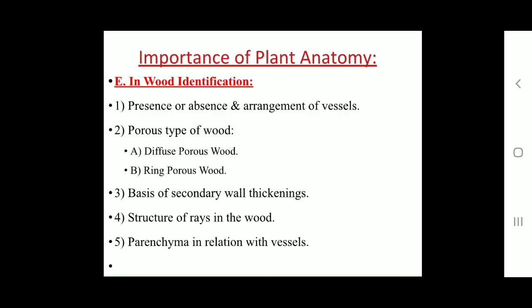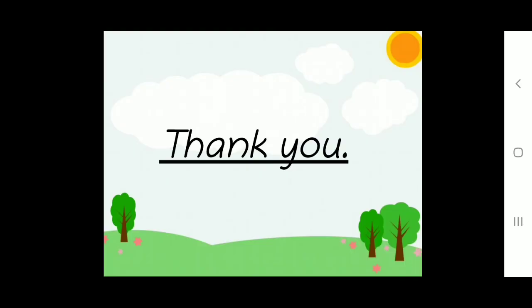In apotracheal type, parenchyma is independent of vessels, while in paratracheal type, vessels are associated with parenchyma. In different types of woods, parenchyma is one of the criteria for wood identification. These varieties of criteria may be used for wood identification. Thus, plant anatomical studies have great value for timber industry also.